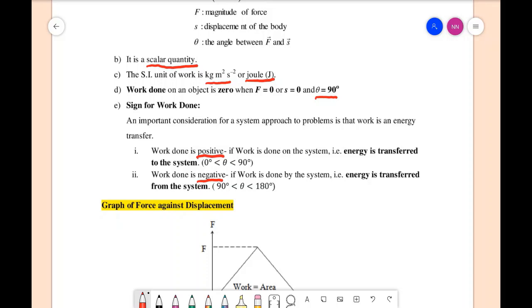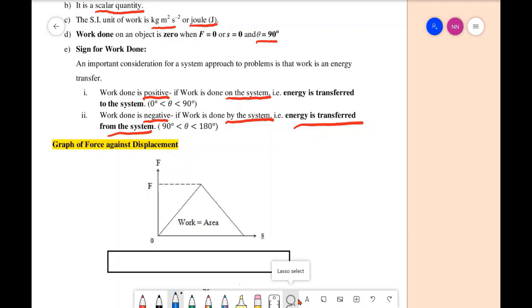Work done is positive if work is done on the system, for example, energy is transferred to the system. Work done is negative if work is done by the system, for example, energy is transferred from the system.